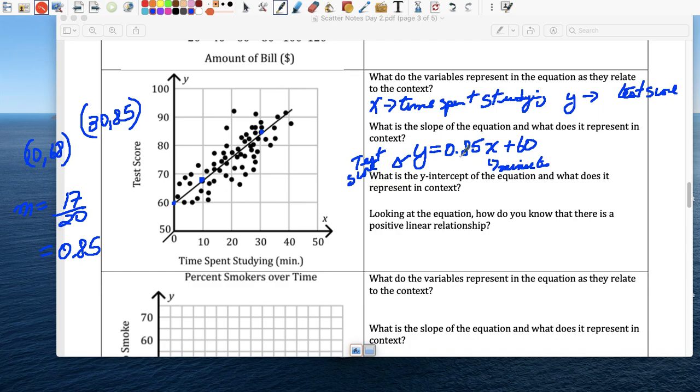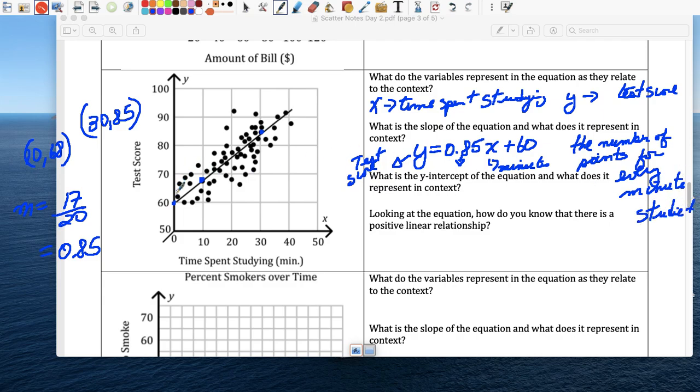And 0.85 represents the number of points for every minute that I study. So the slope is the number of points that you earn for every minute studied. That's what the slope stands for.